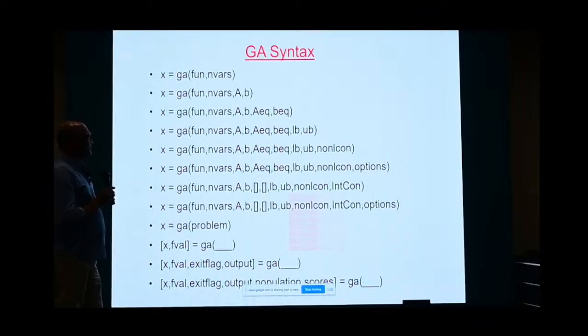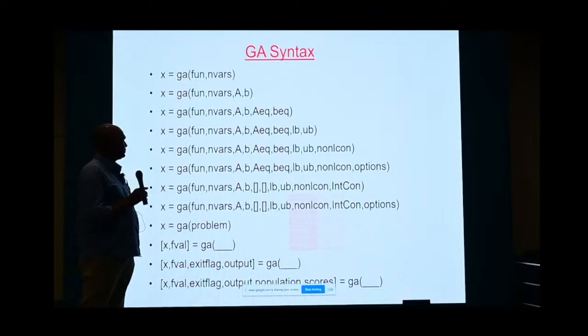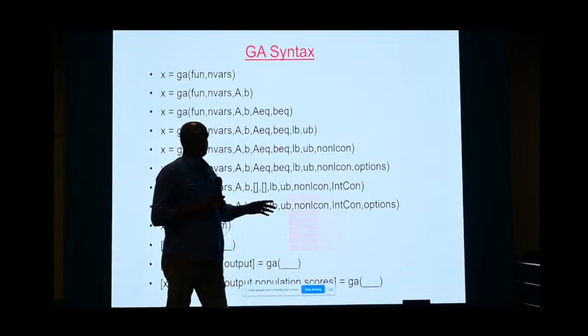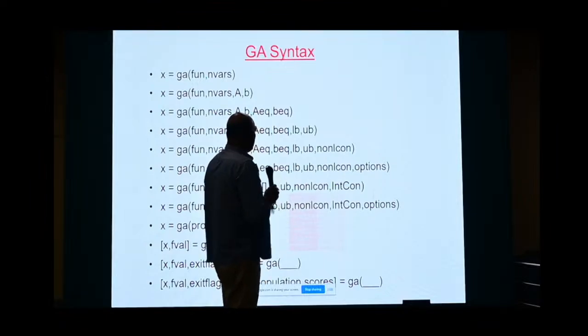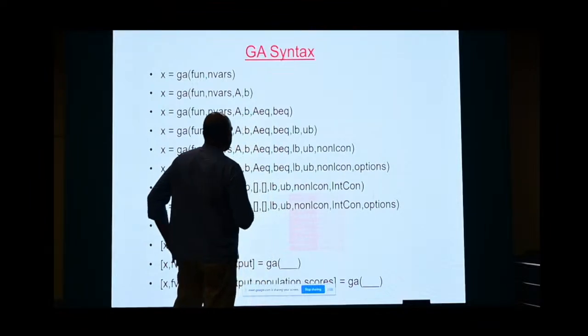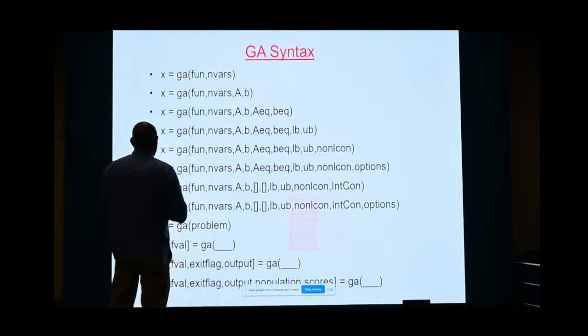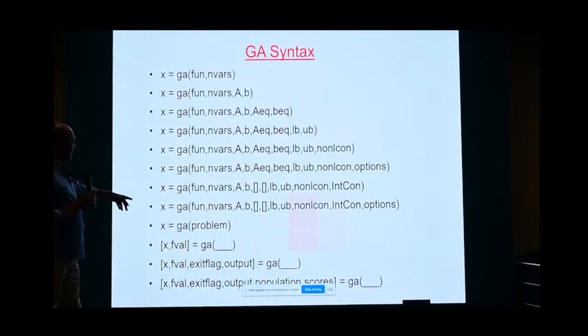There are some other options like the integer constraint: if you want one variable to be an integer, the other variable can be any value, a fraction. So for that option we can enter the integer constraint, and the exit flag. Okay, there are many options. We will see one or two here. Say next slide will go.